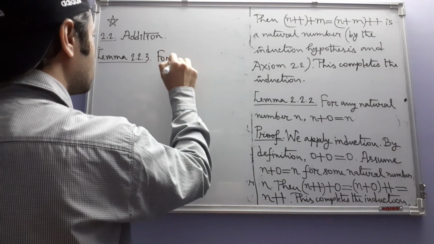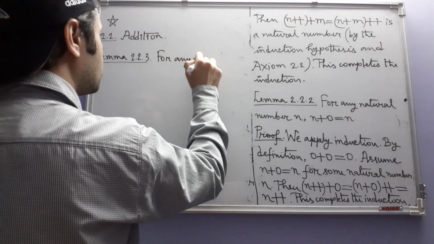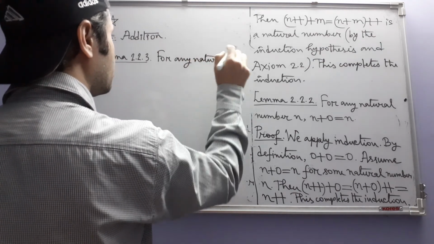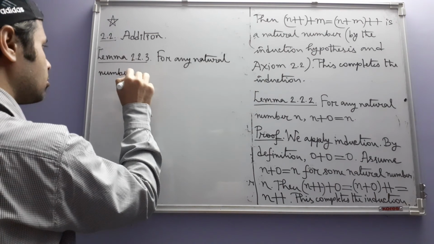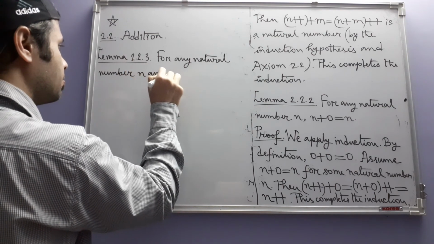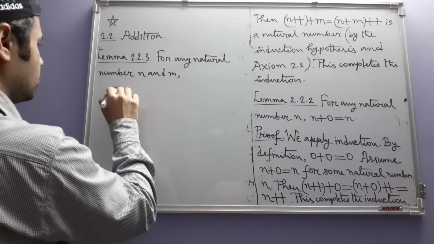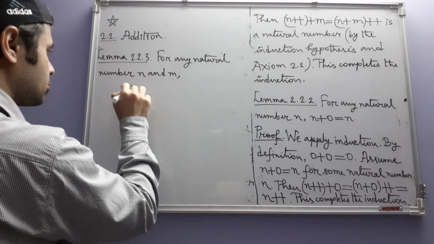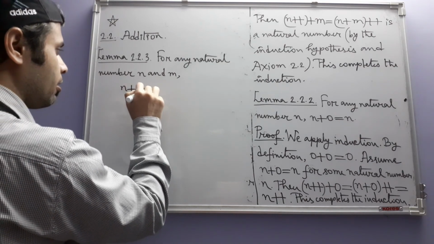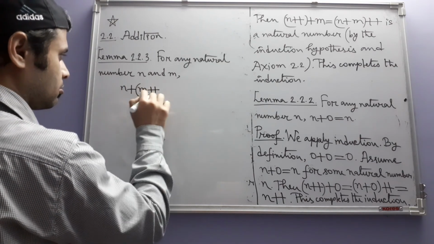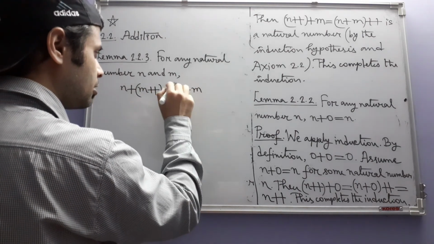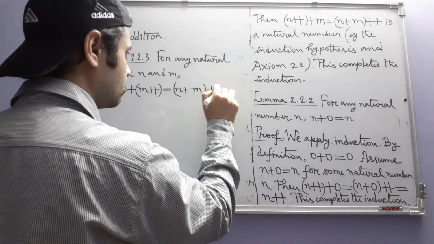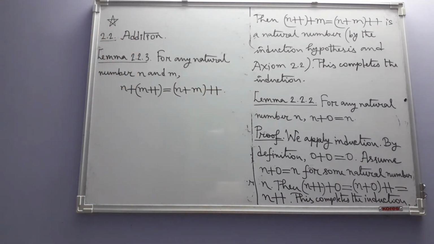For any natural numbers n and m, n plus m plus plus is equal to n plus m, its successor. Okay, this is different from the definition.